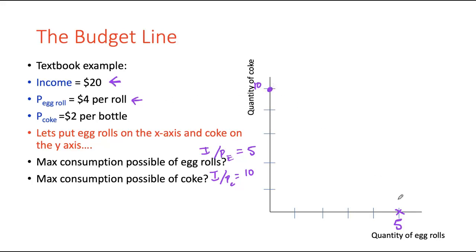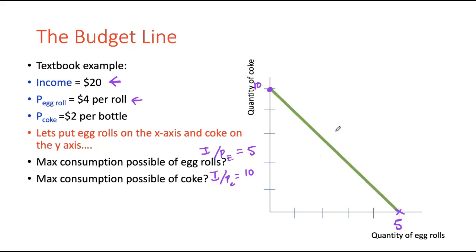Once I have these two maximum possibilities for each good, I can connect these two intercepts and get my budget line. This downward sloping budget line is giving me my consumption possibilities and giving me that boundary between what's affordable and what's not affordable. Any bundle on the budget line is an affordable consumption bundle.